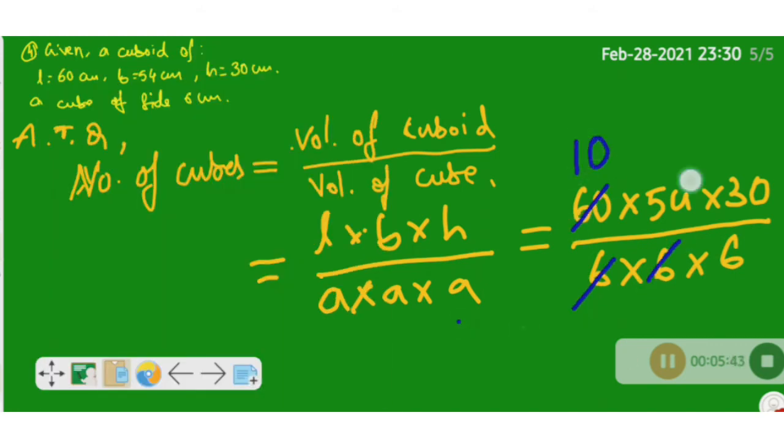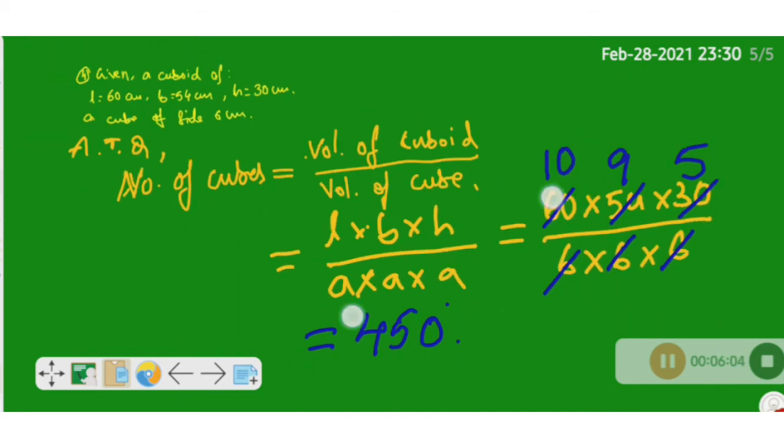So in 6 table, 6 tens are 60, 6 nines are 54, 6 fives are 30. So if you multiply this, 9 fives are 45, 45 tens are 450. So it means 450 small cubes can be placed in the given cuboid.